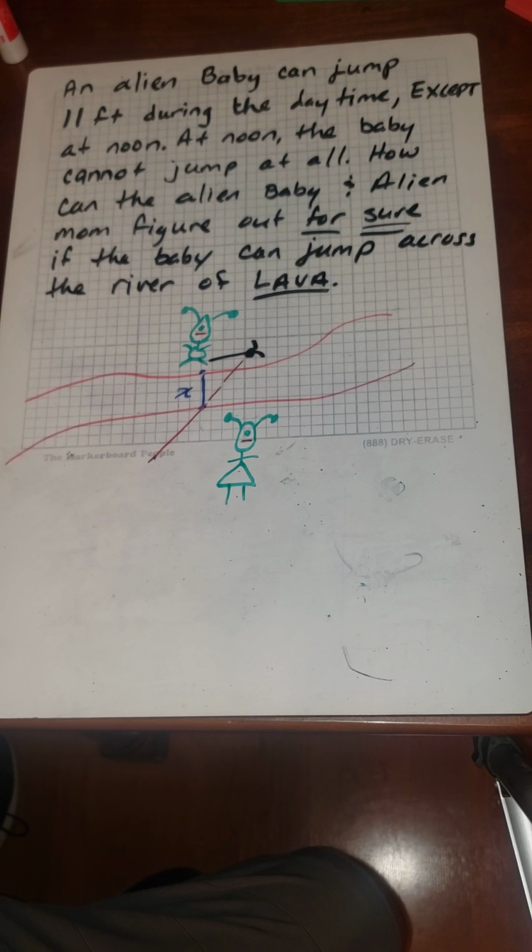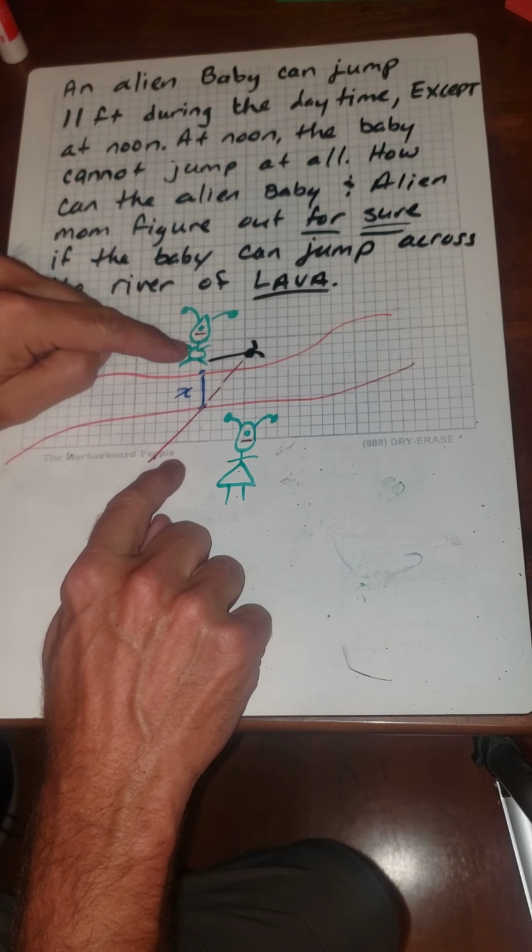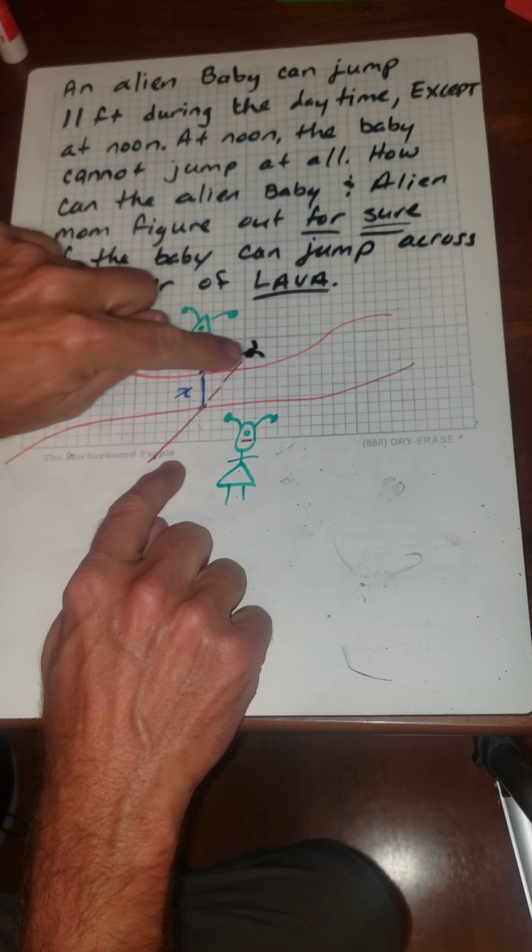So I do have to make sure that it is parallel to this, right? So this next line that I draw here has to be parallel to that baby's shadow.